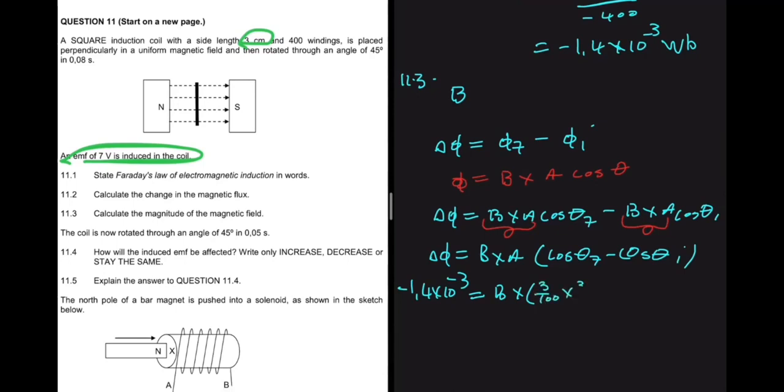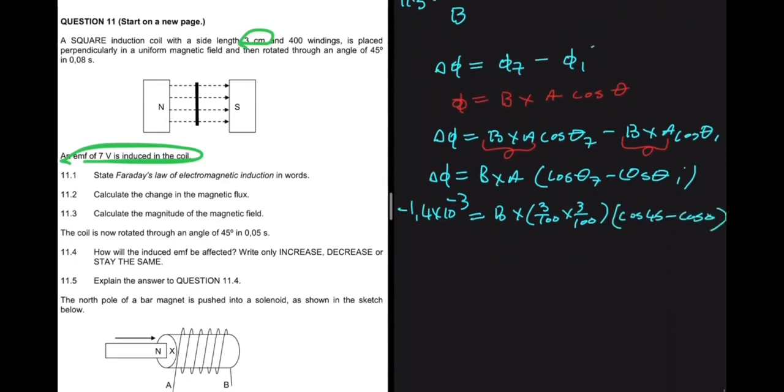And then multiply by 3 divided by 100. And then cos of theta final, so the final angle was 45 degrees. So we're going to have cos of 45 minus cos of 0, right? And now you can see that the only variable we have is the strength of the magnetic field.